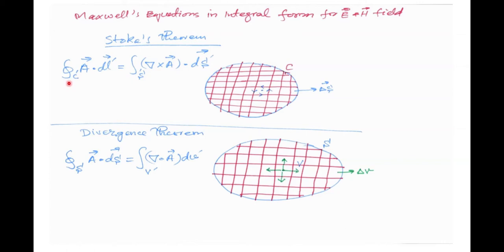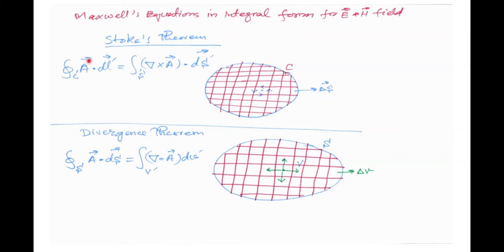According to Stokes theorem, we can convert a contour integration of any vector field. A vector field is that vector which satisfies both divergence as well as the curl. So that is known as a vector field.